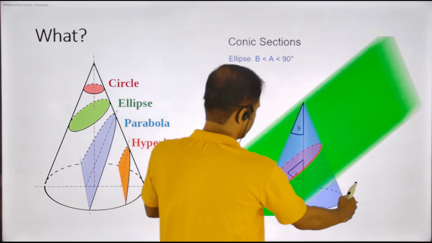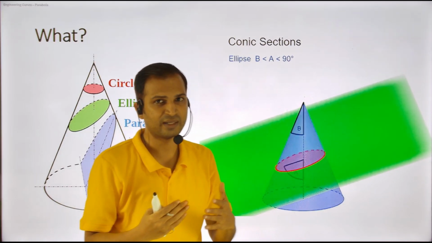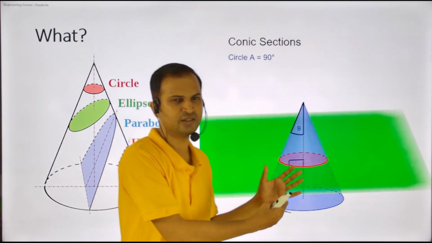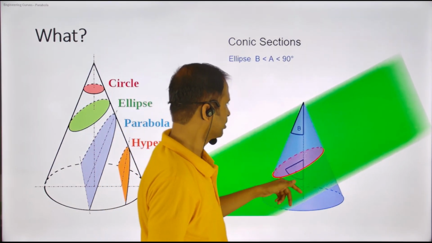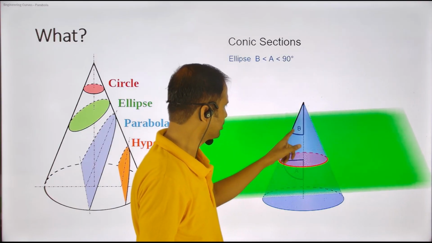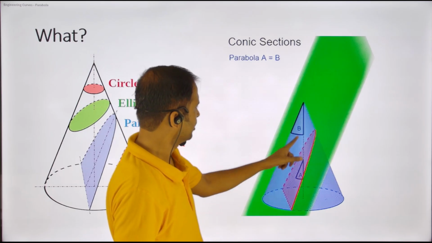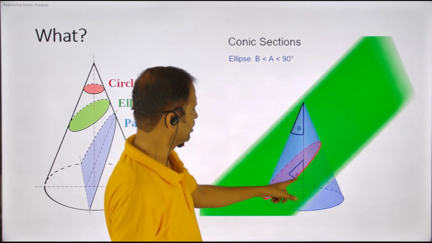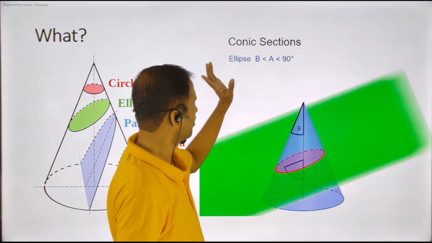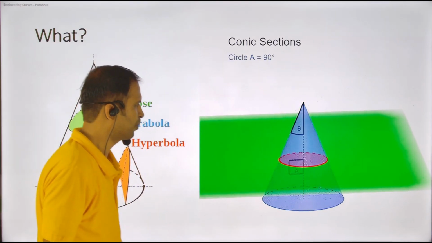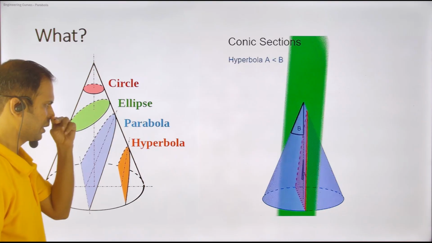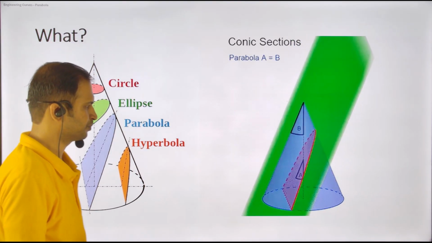These two lines, visible when the cone is resting like this, are called the generator. So the angle has to be the same. Now this is A, this is B. When it becomes B, then it will become a parabola. That is the shape which we will get for parabola. Okay, so that is how we do that.